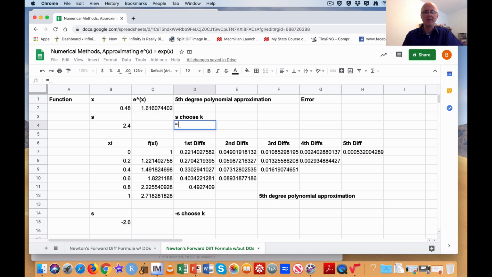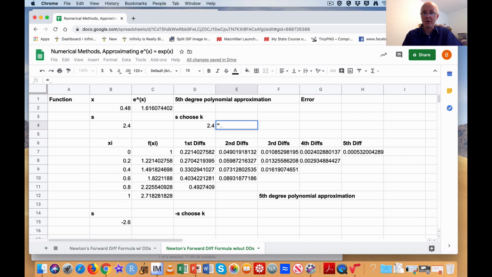S choose 1 is just s, 2.4. Okay, I'm getting confused. We just have an s term. Hopefully I'm not confusing myself too much.